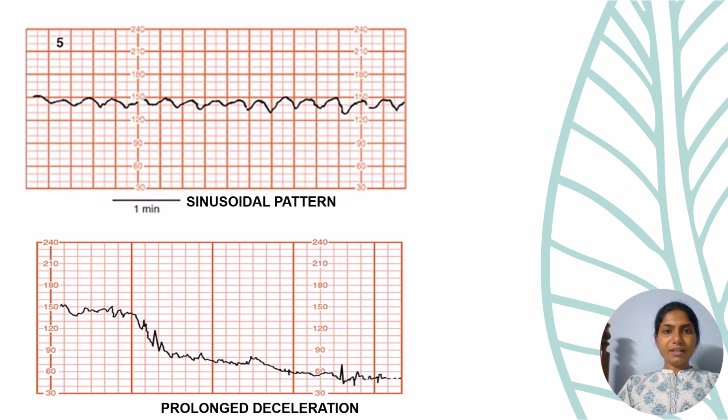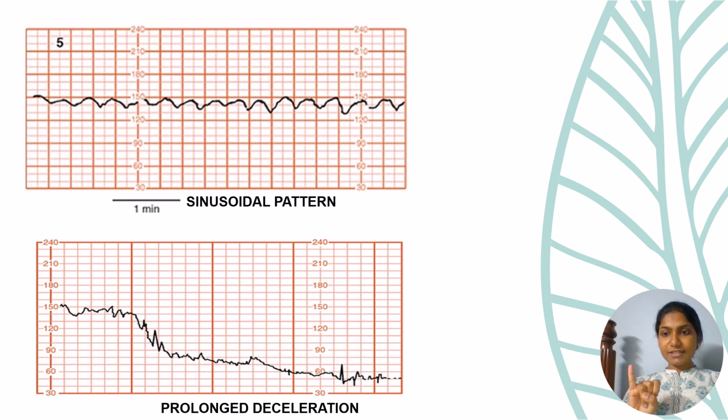So there are some other patterns. The first picture shows a sinusoidal pattern where the heartbeat varies around 5 to 15 beats per minute with around 3 to 5 waves in 1 minute. This characteristic pattern is called a sinusoidal pattern. It is one of the characteristic features of fetal anemia, which could be acute or chronic. What are the conditions?